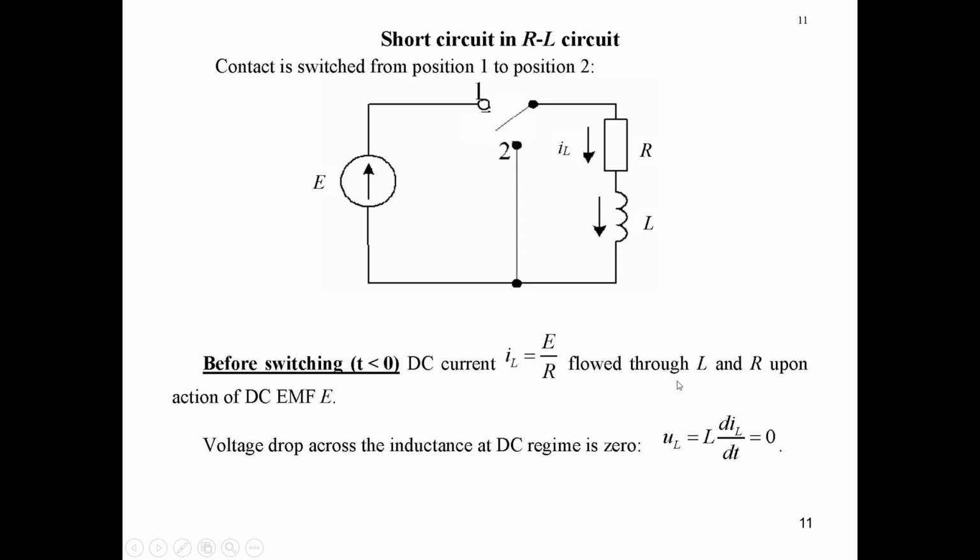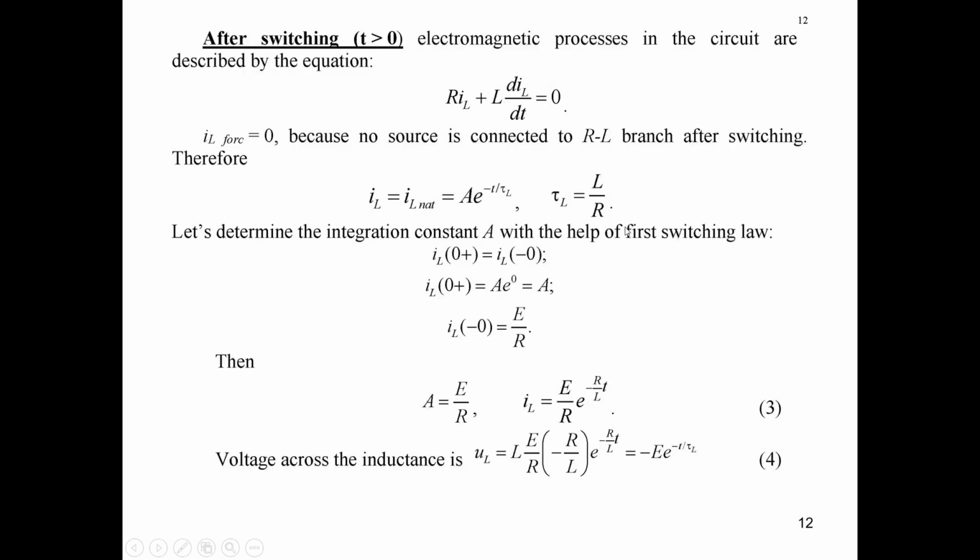And after commutation, the RL circuit will be disconnected from the source, so the forced component will be equal to 0, and the natural component is written as A multiplied by exponent of minus t over tau L, and as the forced component is equal to 0, IL will be equal to IL natural, in such a form.